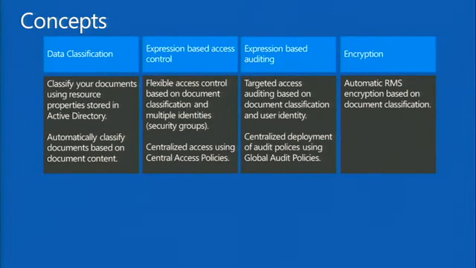So if we look at the various concepts, first and foremost, it's about identifying which information is important and which is not important. Because, let's face it, 99% of the information is really not important for compliance and business regulatory requirements. Now, why is it important?